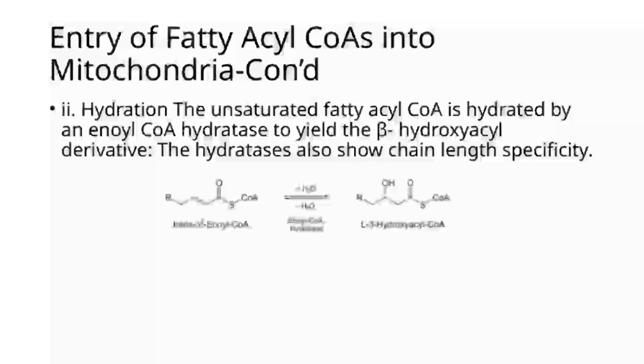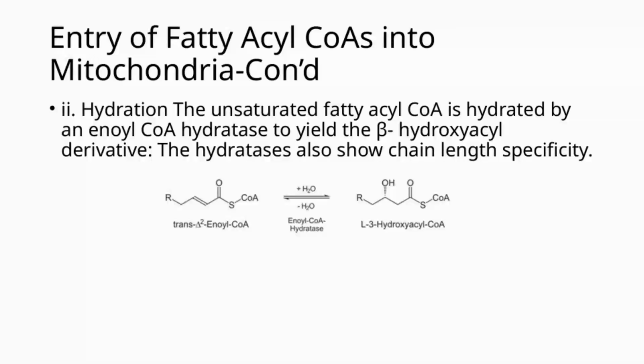They show chain length specificity, meaning they work most efficiently with certain fatty acid chain lengths. This specificity helps ensure the process proceeds smoothly and efficiently. Overall, this hydration step is crucial because it prepares the molecule for the next stage of oxidation, linking the initial entry of fatty acids into mitochondria with the subsequent breakdown steps.